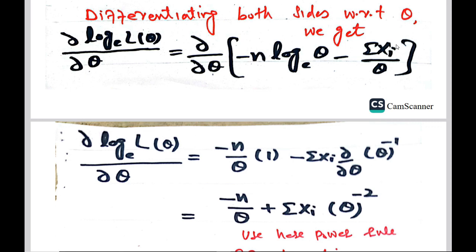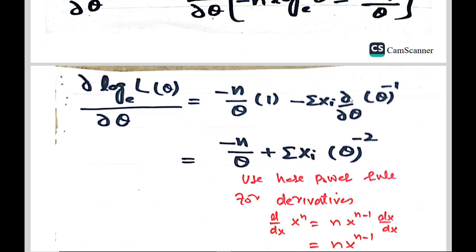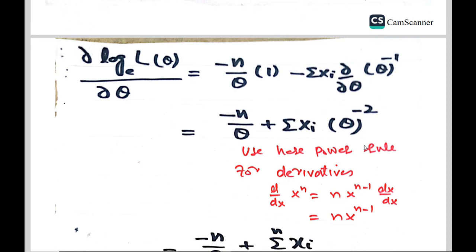Here we use the power rule for derivatives. Decrease the power by 1, minus 1 minus 1 is minus 2, and multiply by the power which is minus 1, so minus minus is plus: minus n over theta plus the sum of xi theta power minus 2.